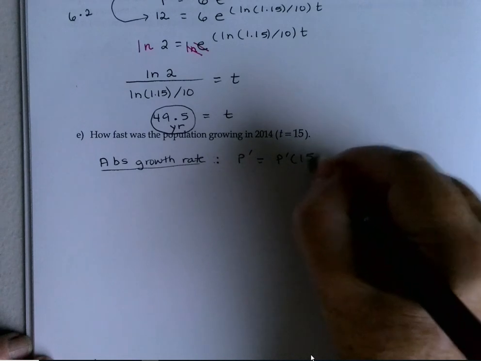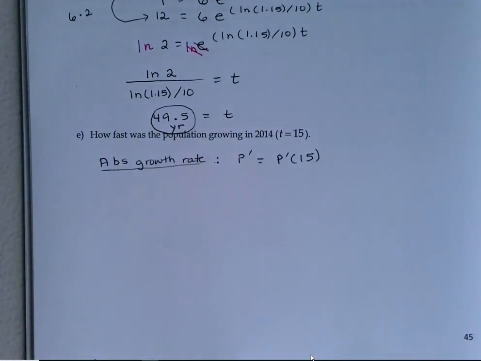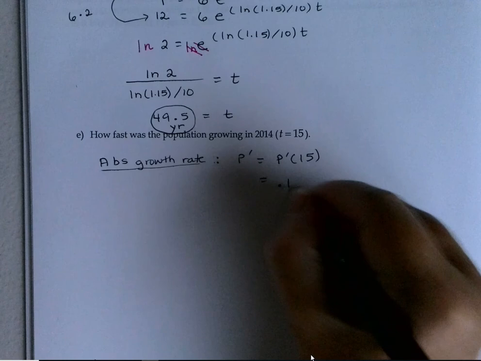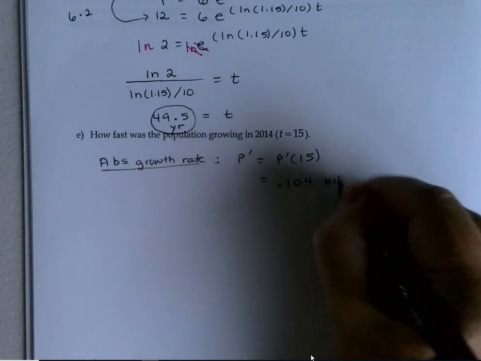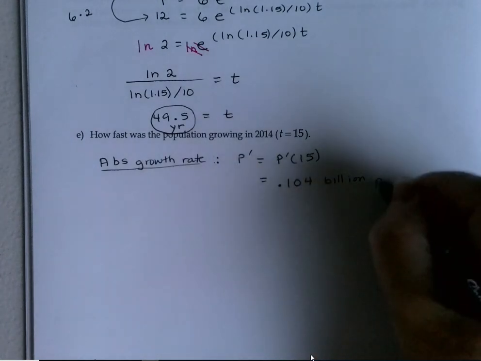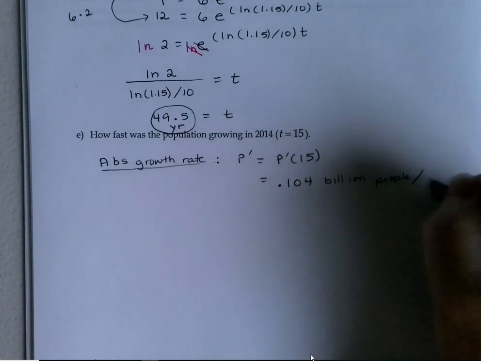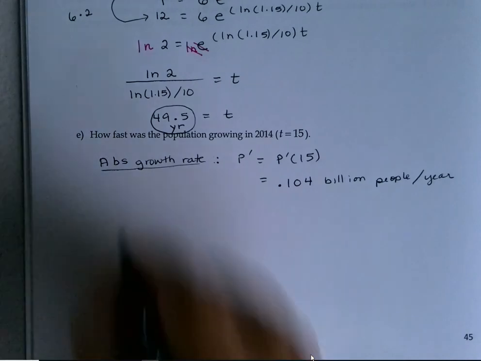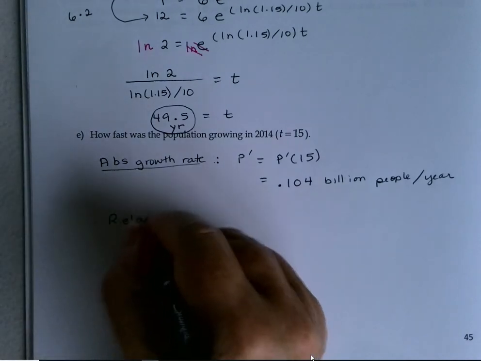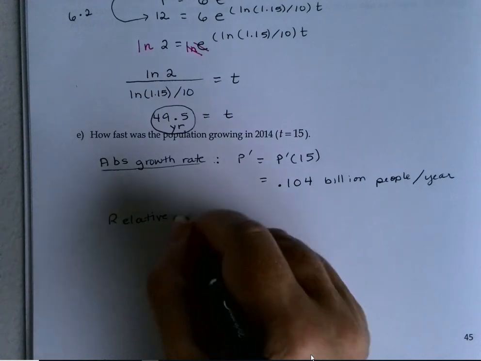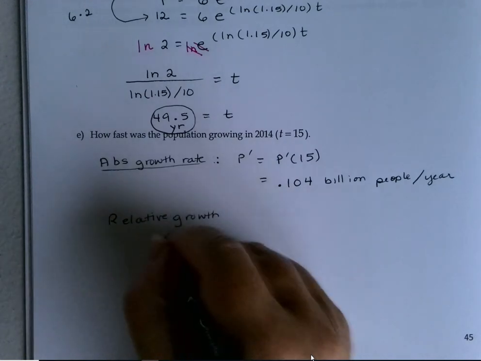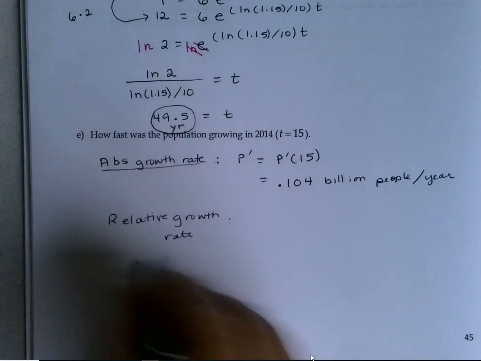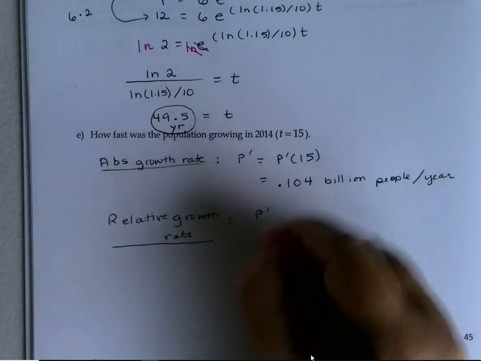And I won't write that all out. I'll just say if we plug 15 in there, put everything into the calculator, I ended up getting about 0.104. And that would be in billion people per year. The relative growth rate, that's p prime over p.